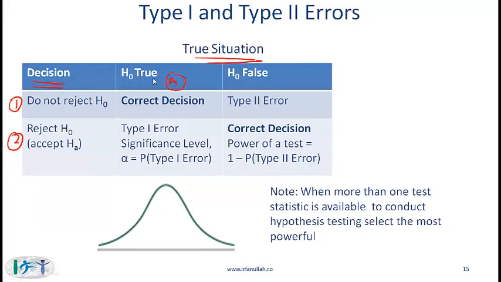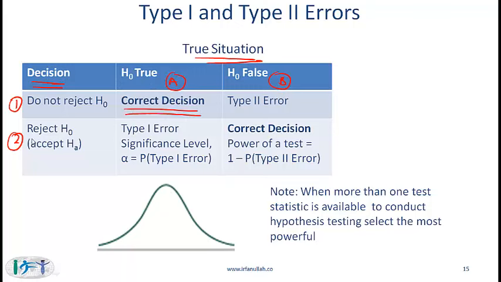Either the null hypothesis is true or the null hypothesis is false. Let us now look at the four possible scenarios. Scenario 1 is that your decision is do not reject the null hypothesis, while in reality the null hypothesis is true. So this would be a correct decision.